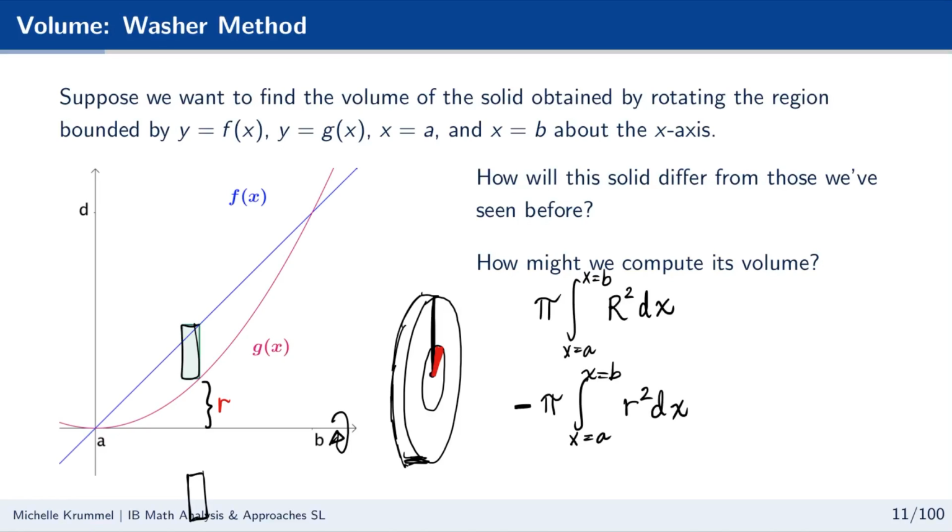And because these two integrals are both being multiplied by pi, the same constant multiple, and they both have the same lower limit of integration and upper limit of integration, we can actually just combine these into one single integral.